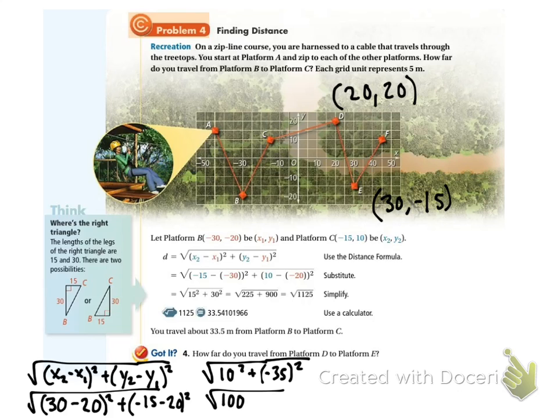Negative 35 squared is 1,225. Okay, sorry about that. And then 1,225 plus 100 is going to give us the square root of 1,325. And the square root of 1,325 is 36.4.